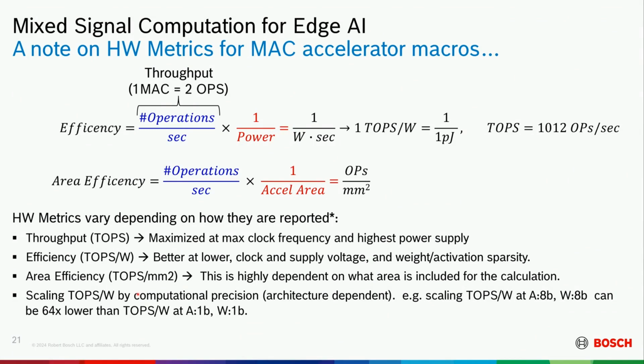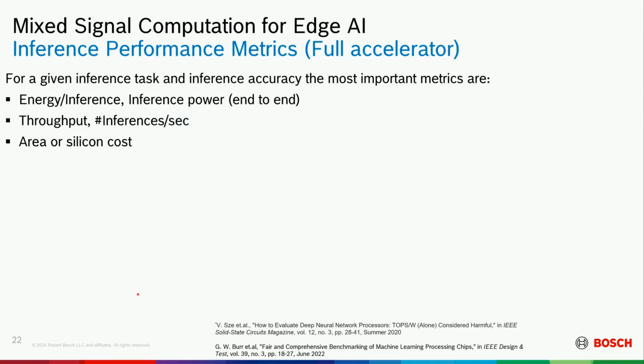I think this is also architecturally dependent, but for instance, if you report efficiency at 8-bit precision for weights and activations, that's going to be up to 64x lower than if you reported it at 1-bit weight and 1-bit activation. And oftentimes I see that in papers it's not very clear what that is, and it's difficult to know what the performance of the device is because of that.